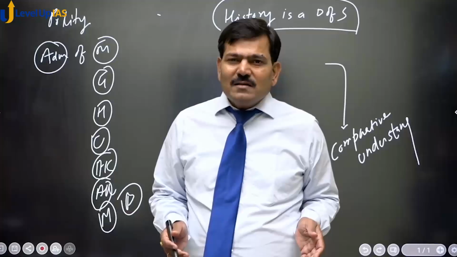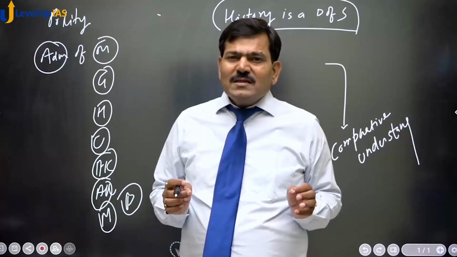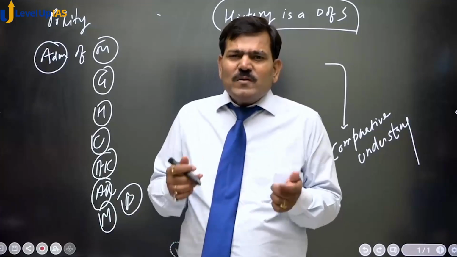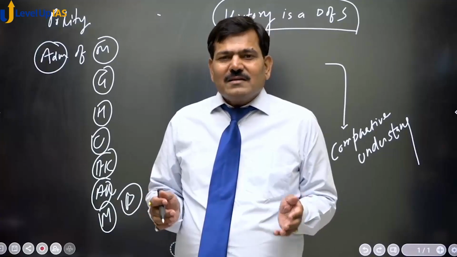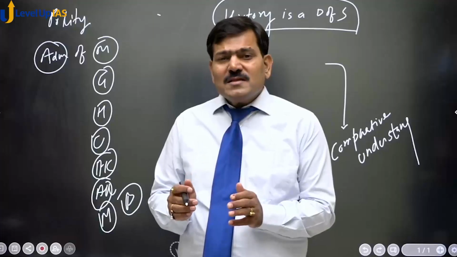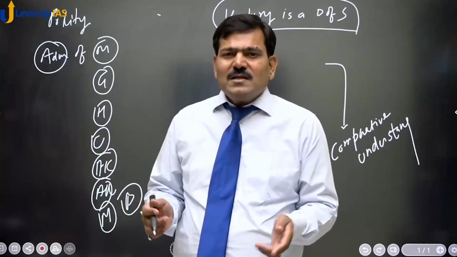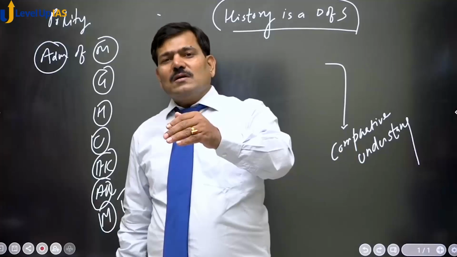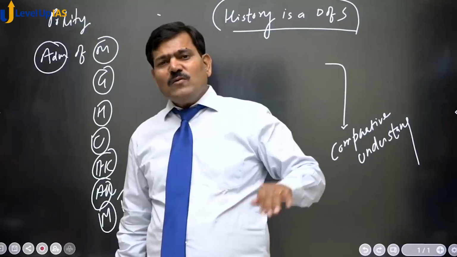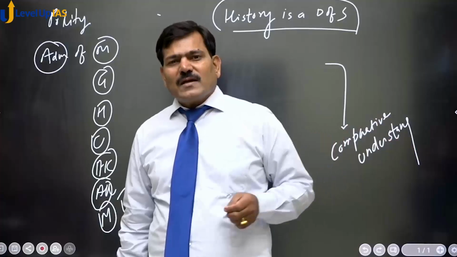So it was not federal. It had little intention to be federal, but it was not institutionally federal. The 1935 Act was to some extent institutionally federal, but still imperial interference was there. So the Indian constitutional federalism is more federal than that of the 1935 Act.